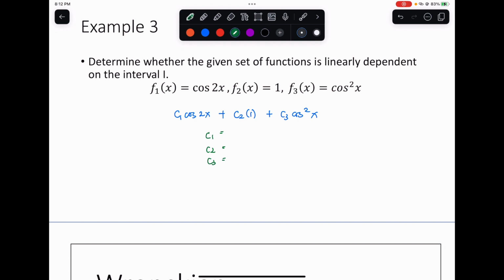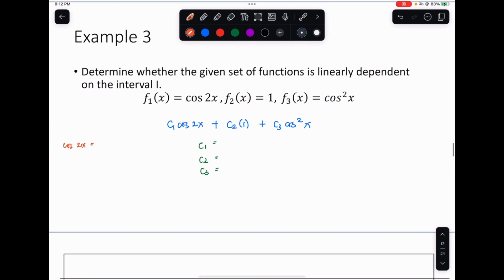Recall, in trigo, we have the identity for cosine 2x. Cosine 2x is the same as cosine squared x minus 1, right? Is this correct?